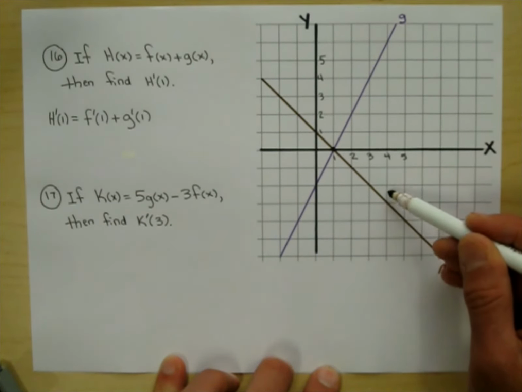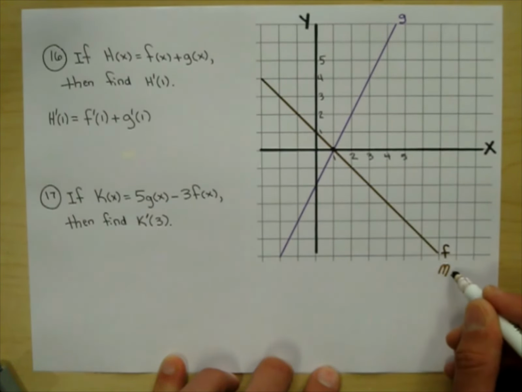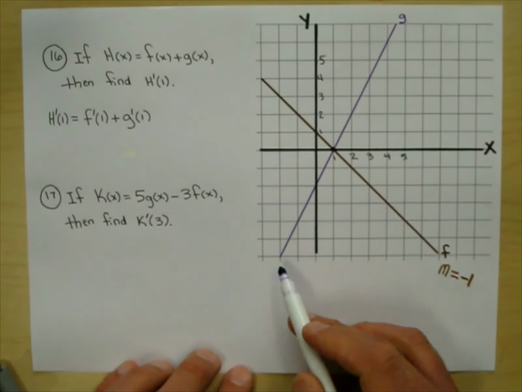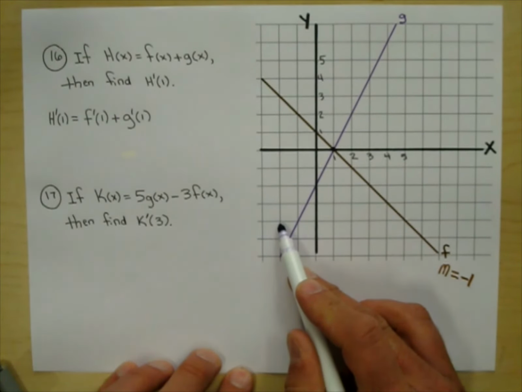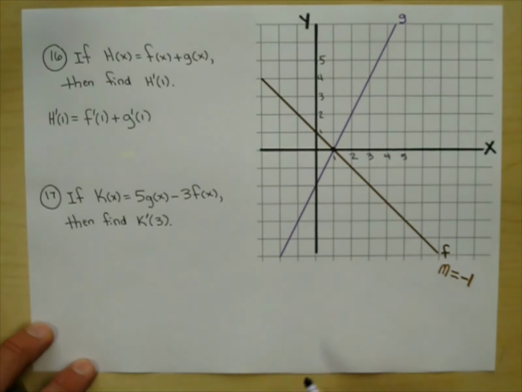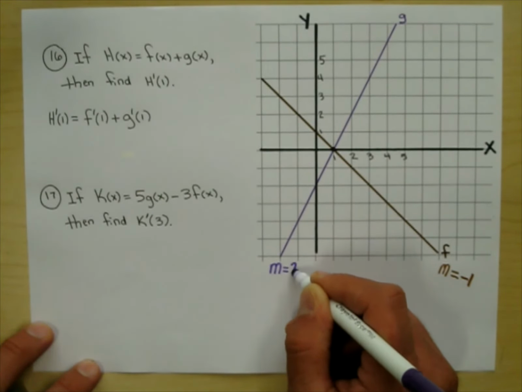You're a little bug, you rise up 1 over -1, because you're going in the negative direction, so the slope of that brown line is -1. The slope of g, the purple line, is rise over run, and you rise up 2, and you run in the positive direction 1, so 2 over 1, which is 2, so this has slope of 2.